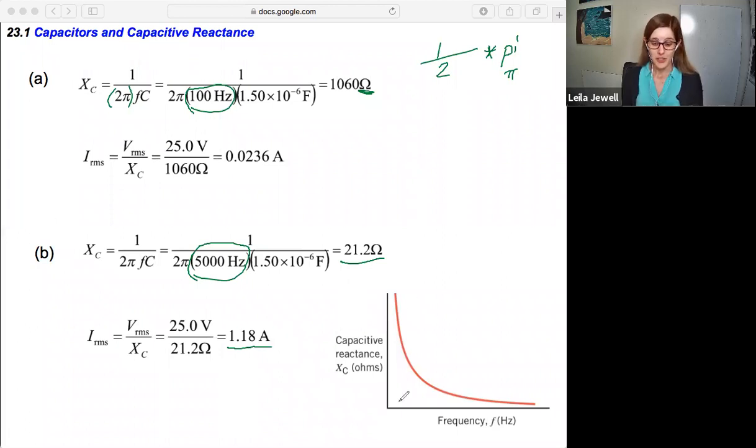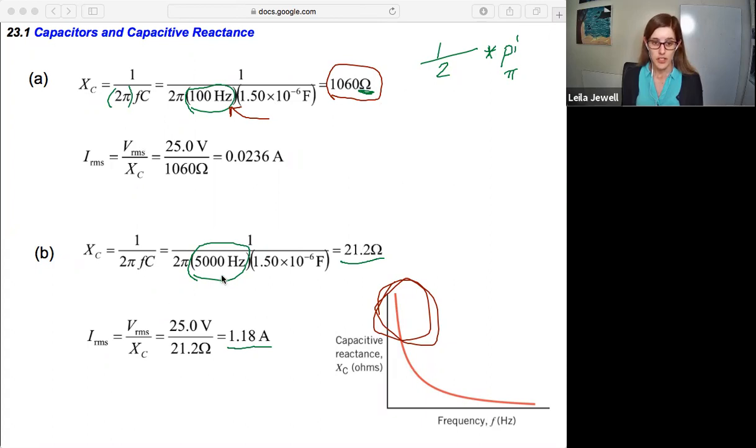So this highlights what this equation is trying to show, right? That in part A, when we have a small frequency, we get a huge amount of capacitive reactance. That's this region of the graph, where it's a really low frequency, but a high capacitive reactance.